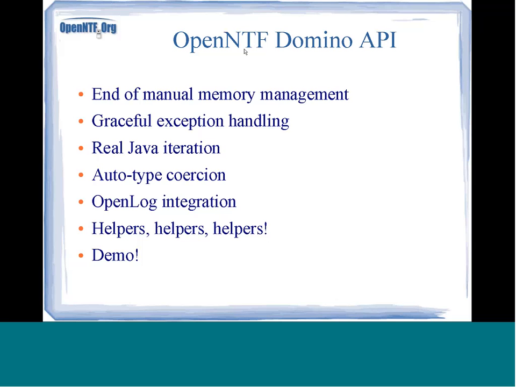So the OpenNTF Domino API is a drop-in replacement for the lotus.domino API. For those of you who have been dealing with Java in the Domino world for a while, you know that there are these classes in lotus.domino that control everything you use to access the back end of the Notes object model.